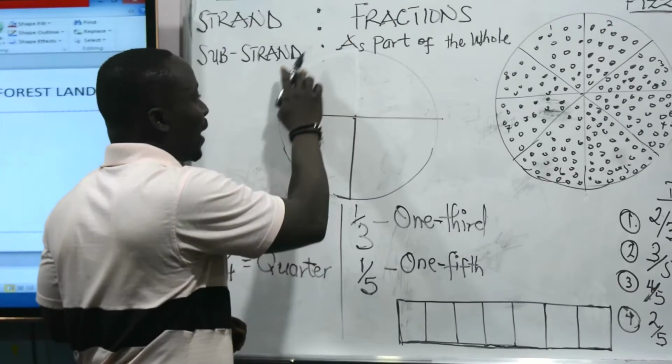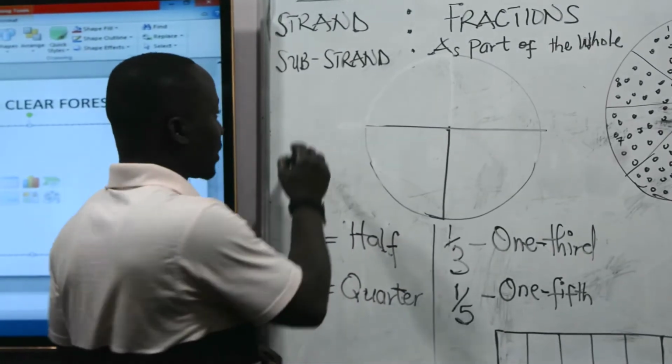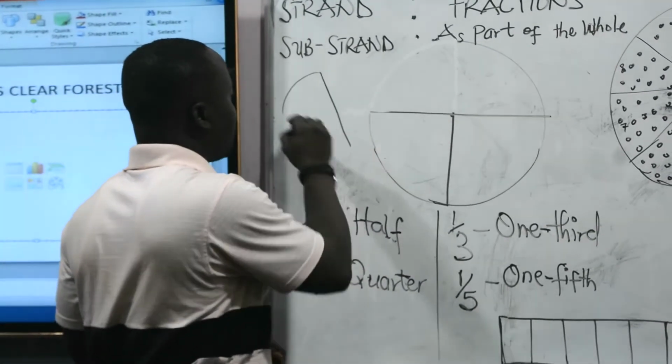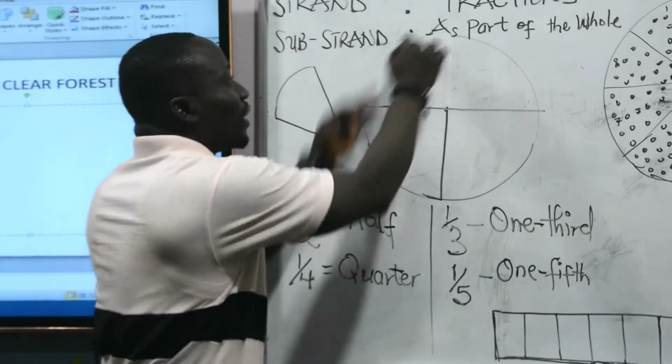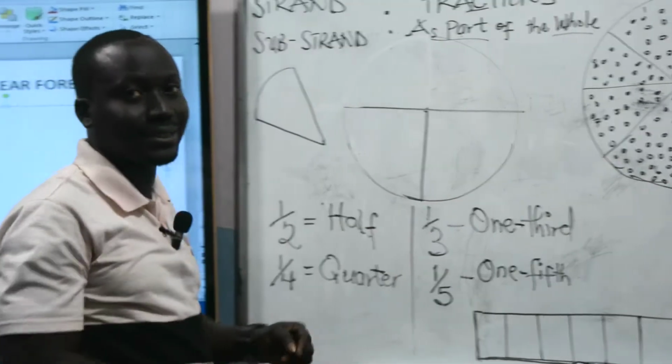For example, if I cut this part of this circular object on the board, we say this portion is a fraction of the whole, a part of the whole.